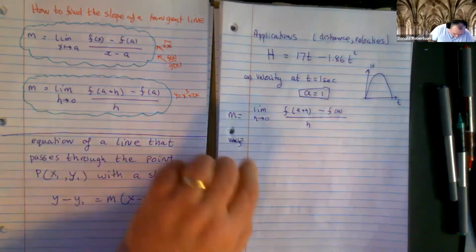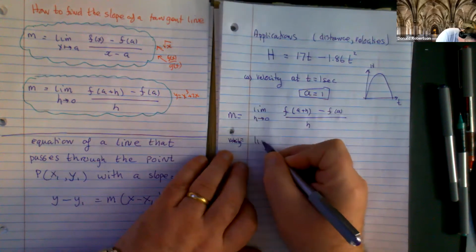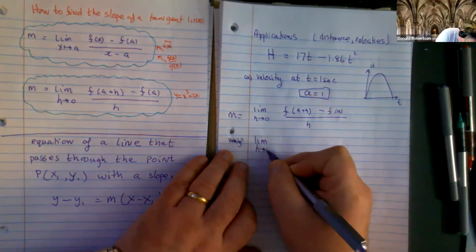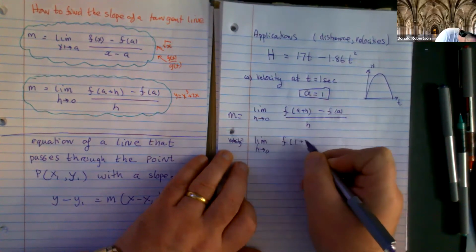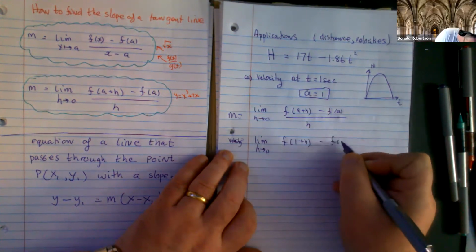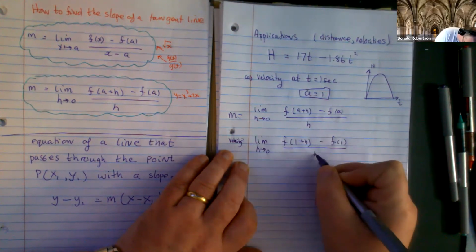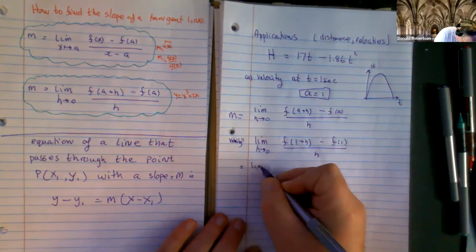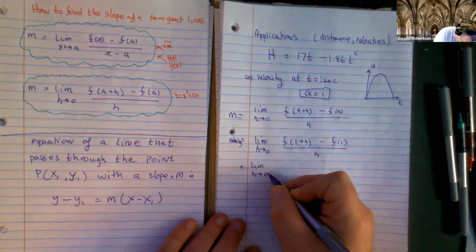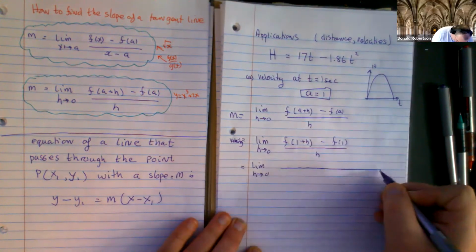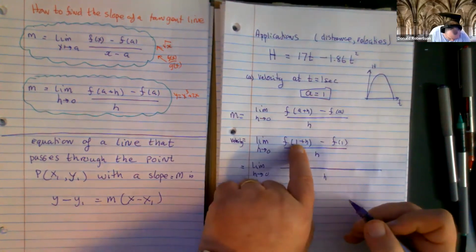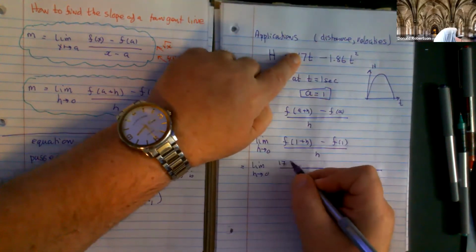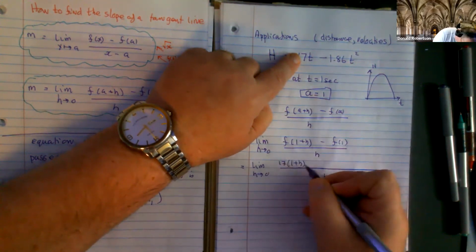So I'm going to call it that rather than slope. And it's still going to be the same formula, of course, but at 1. So it's going to be the limit as h tends to 0. Well, 1 plus h becomes 17, 1 plus h.